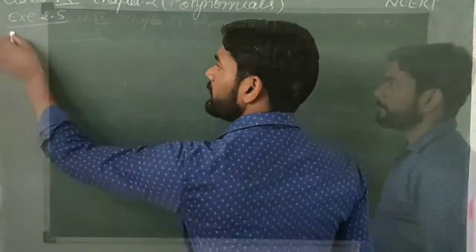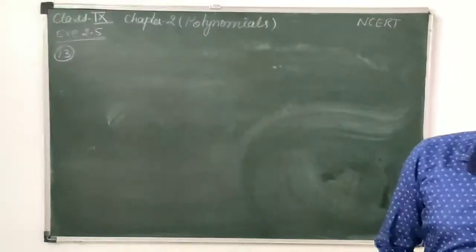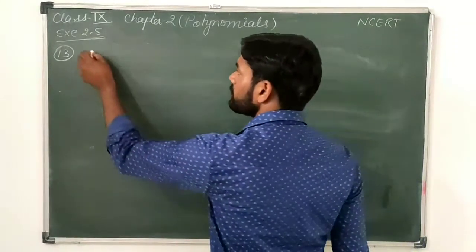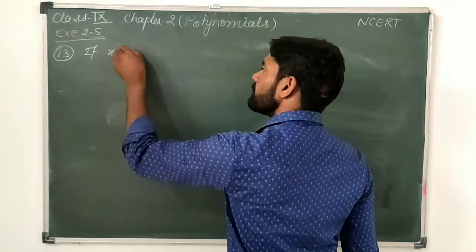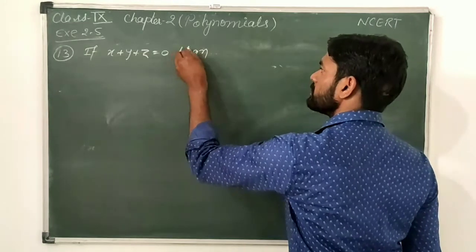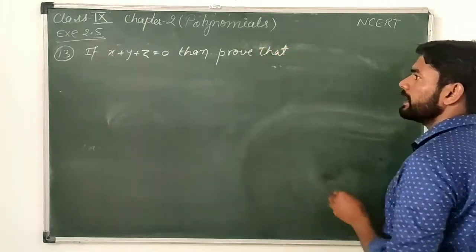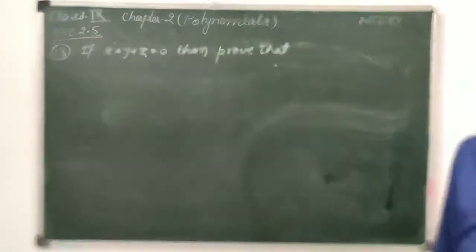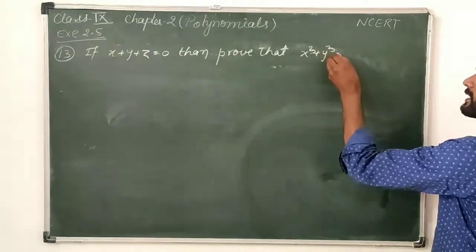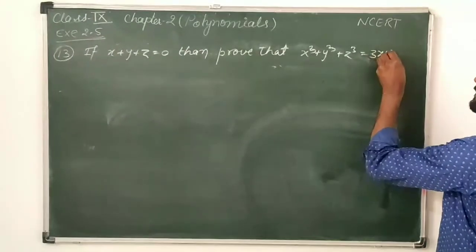Before the starting of the 13th question, question number 13 is given that if x plus y plus z is equal to 0, then prove that x cube plus y cube plus z cube is equal to 3xyz.